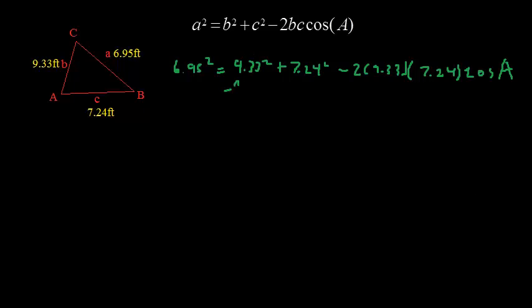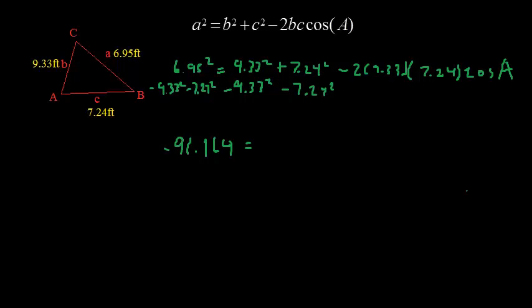So subtracting 9.33 squared and 7.24 squared from both sides of this equation, right? 6.95 squared minus 9.33 squared minus 7.24 squared gives me a negative 91.164, and that is equal to my negative 2 times 9.33 times 7.24 times the cosine of A.